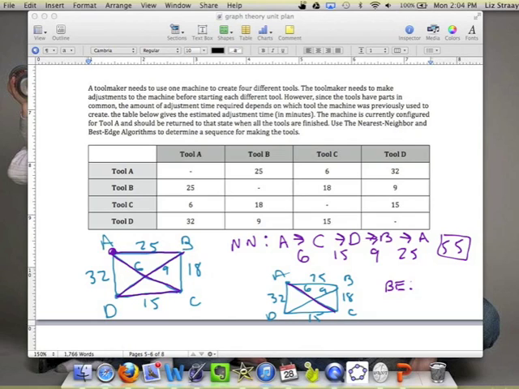What's the next best edge? 9. What's the next best that either doesn't give me a third to a point or close us up? 15. And then what's our next best? Well, we have to close it up at this point because we've hit all 4 points, so we don't really get to pick a best, we have to pick the 25. This ended up being exactly the same thing. So we got 55.